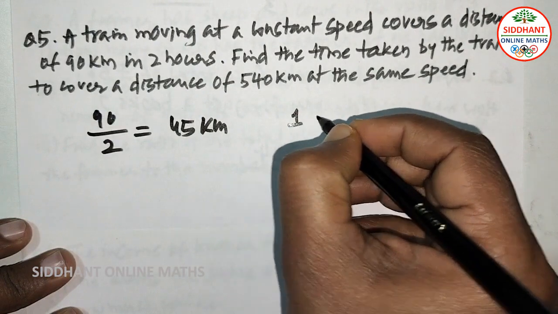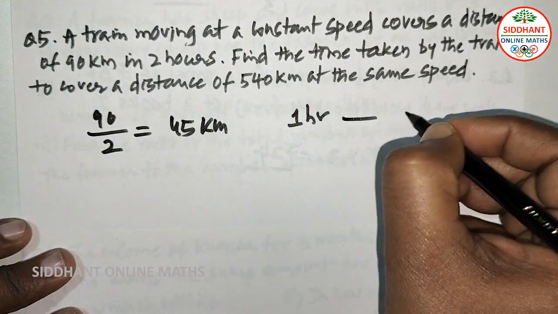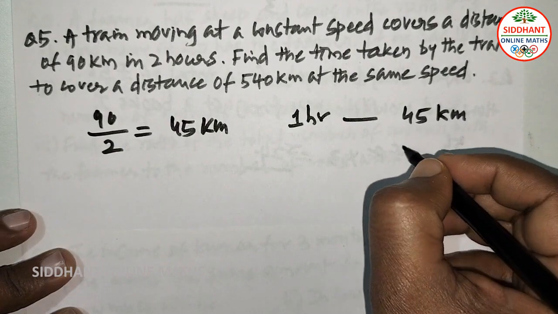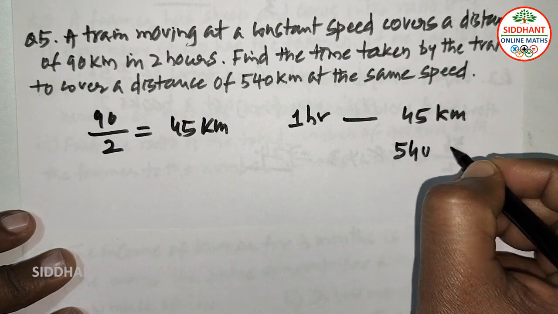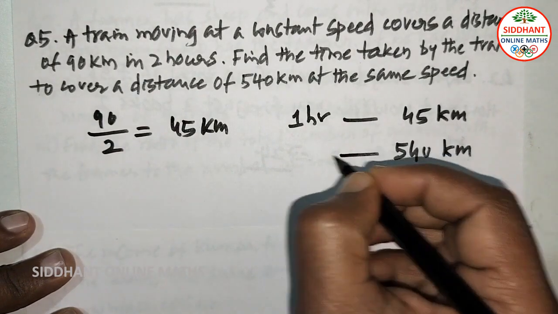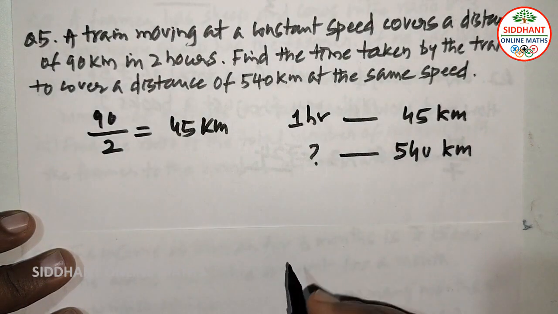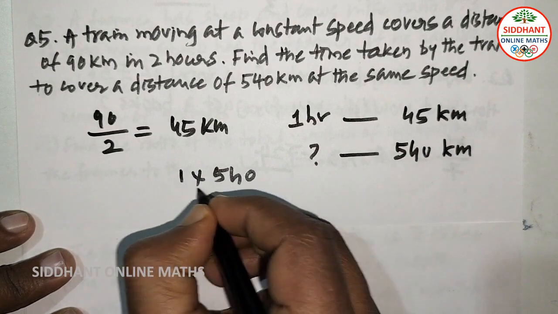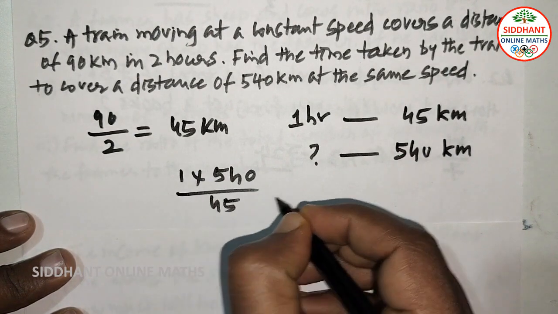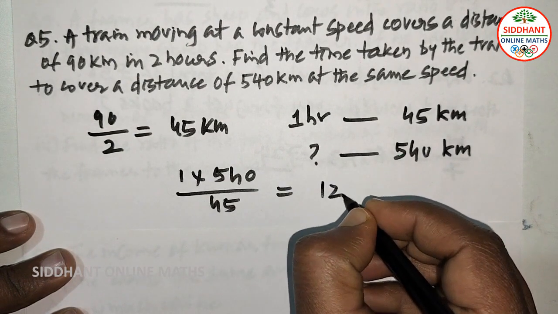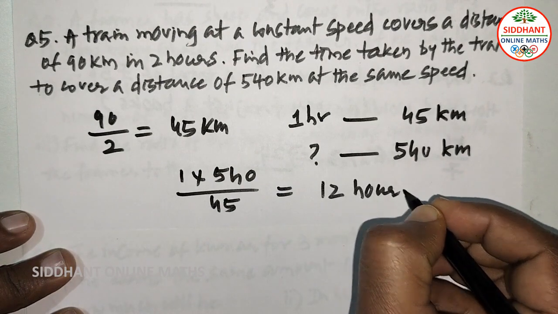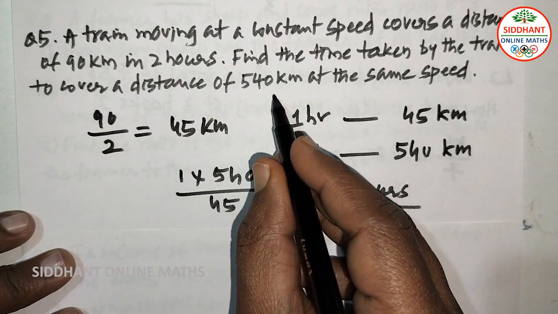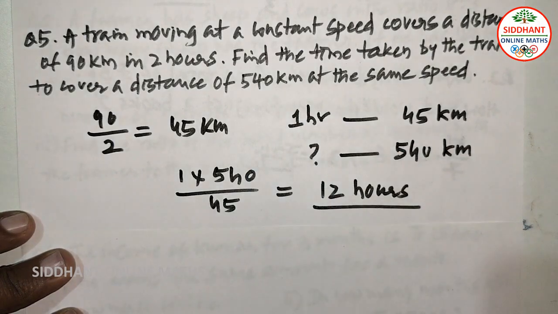So for 1 hour, 45 kilometers. Then for 540 kilometers, how many hours will it take? That will be 1 into 540 by 45. That will be 12 hours. So it will take 12 hours to cover 540 kilometers.